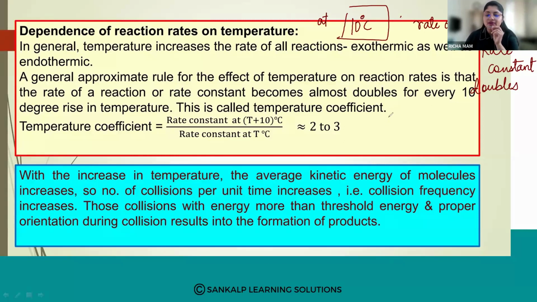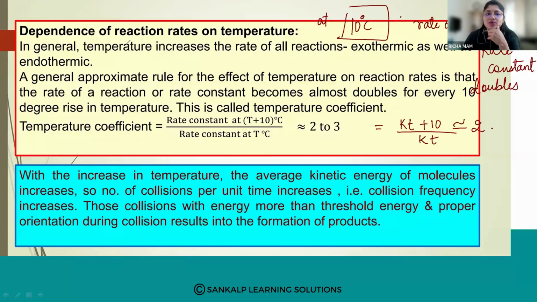So the ratio of the rate constant of the same reaction at two temperatures differing by 10 degrees is called the temperature coefficient of reaction. It is given as Kt plus 10, that is the rate constant at T plus 10 degrees Celsius, upon Kt, the rate constant at T degrees Celsius, which will be equal to 2.